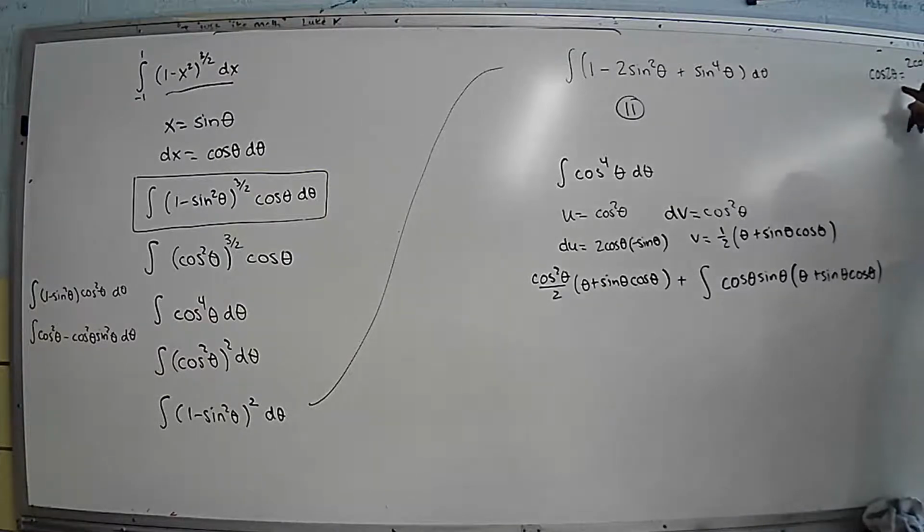If I solve this for cosine squared, I'm going to get cosine of 2 theta plus 1 equals 2 cosine squared theta. So cosine squared is cosine of 2 theta plus 1 over 2. Okay? This is helpful to us. Why?